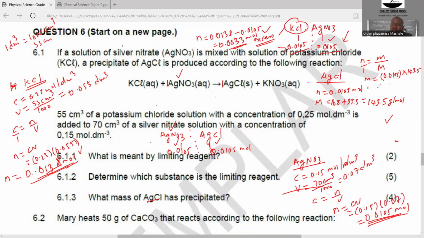So we can now calculate the mass of silver chloride. 0.0105 multiplied by 143.5, and if you're rounding to 2 decimal places, this would give us 1.51 gram. So this is the mass of silver chloride.